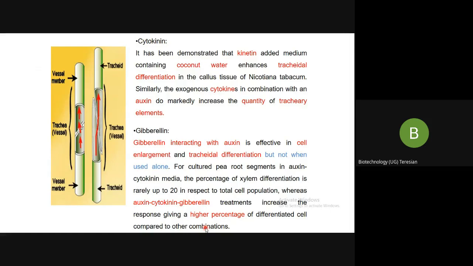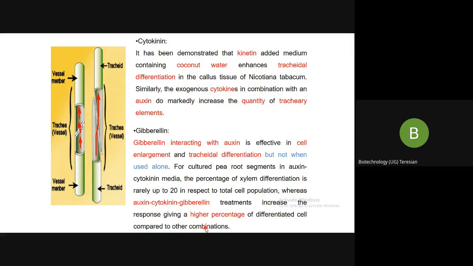So this goes to prove that auxins, cytokinins and gibberellin are very important for the formation of the tracheal elements, or your vascular tissues. There are two groups of particularly regulatory hormones which play an important role, that is auxin and cytokinin.